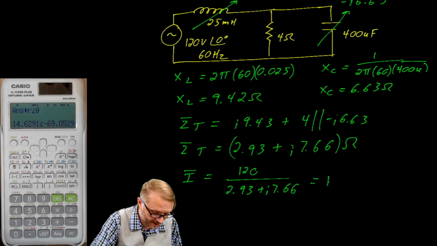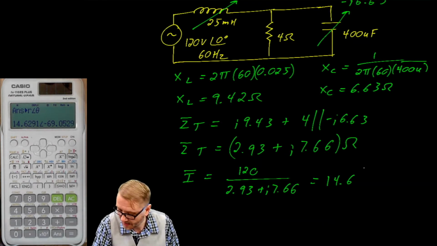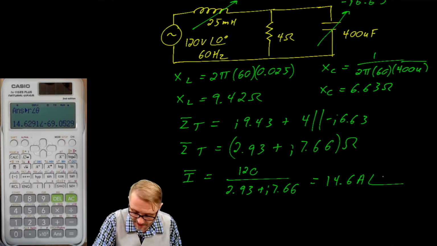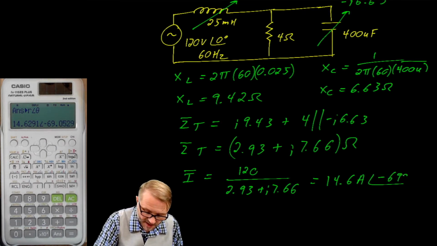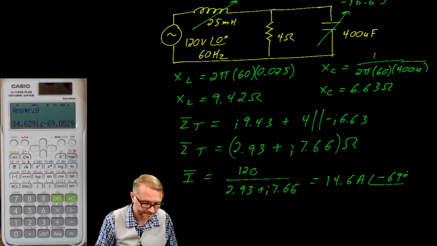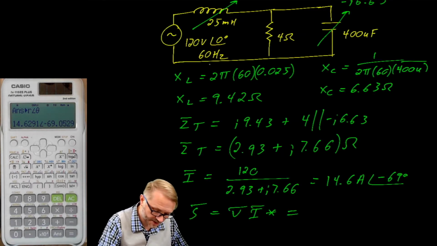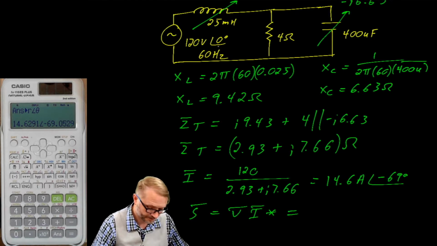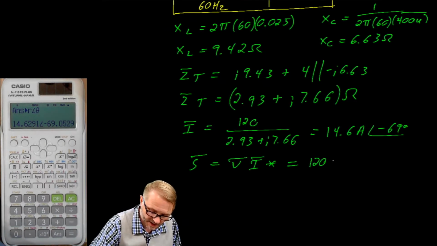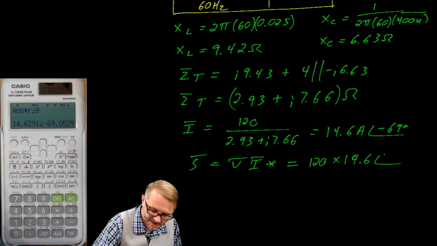Gives you a current of 14.6 amps at a phase angle of negative 69 degrees. From there, you can calculate the complex power as a voltage by the complex conjugate of the current. And our voltage was 120.